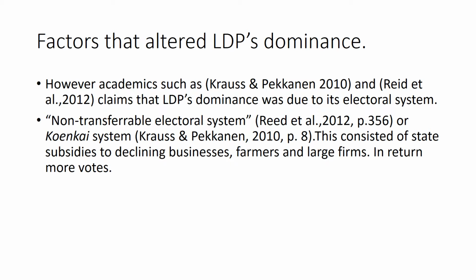But probably one of the most important factors is described by academics such as Reed, Sheena, and Thies on the end of LDP dominance and the rise of party-oriented politics of Japan. In their book, they suggest that basically the LDP's dominance was heavily influenced by its voting system.